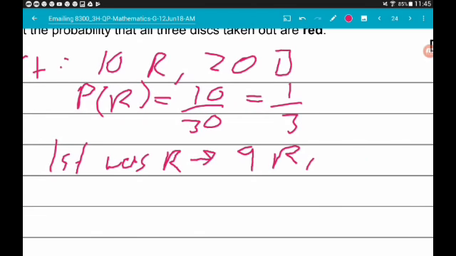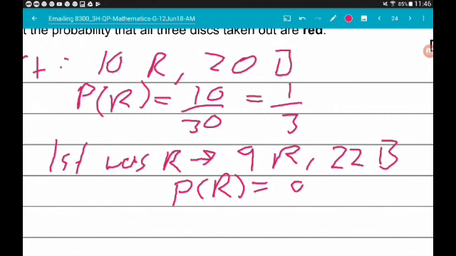So there's going to be 22 blue. So now the probability of getting a red on our second selection is 9 out of 9 add 22. So 9 out of 31.